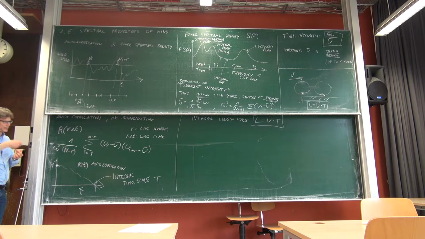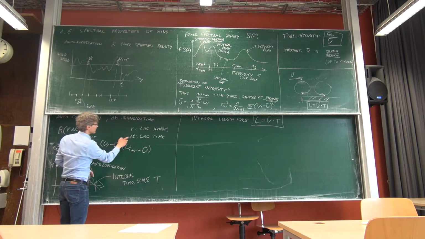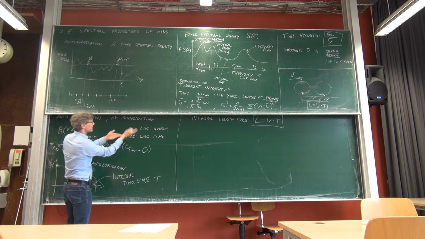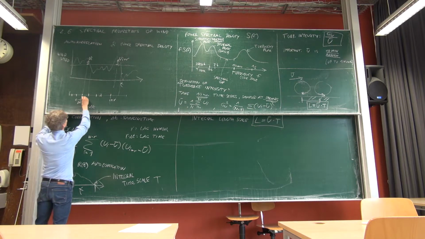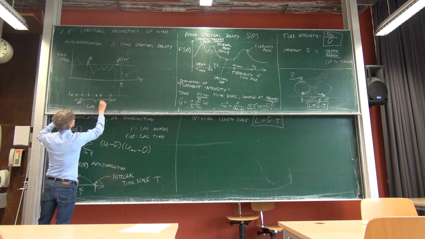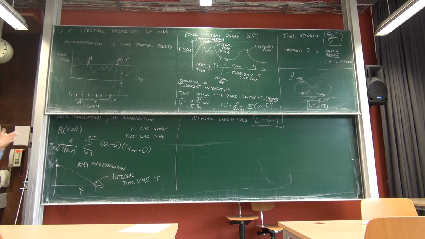But because a number of samples is not such an intuitive measure, I prefer to work with lag time, which is the lag number multiplied with the time constant. Then this distance here is delta t times r, right? And that's now something in seconds.